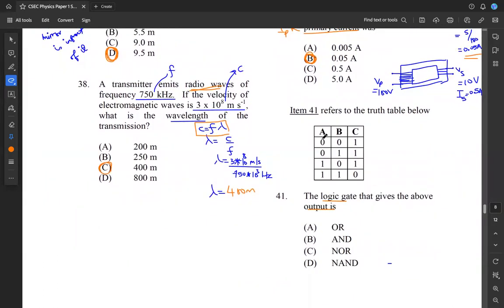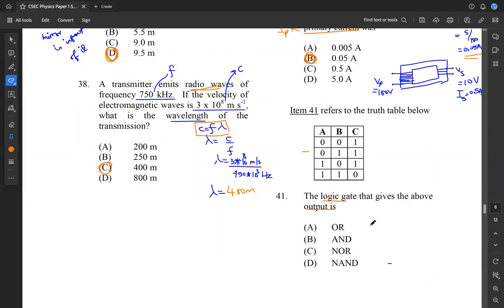So what we want to do first is look at, say, if it was an OR gate, let's pick this one, right? If we had an OR gate and one of our inputs was 0 and one was 1, then what would the output be? Yeah, the output would be 1 in that case because it's an OR gate. So maybe an OR gate might work. Let's try another set of inputs for our OR gate though. 0 and 0 in an OR gate would give us what?